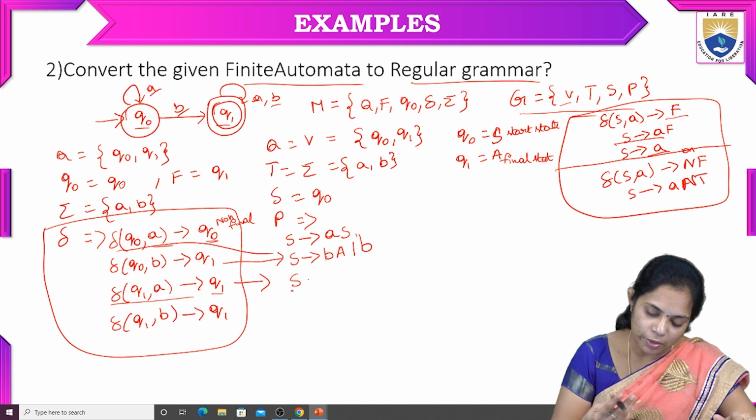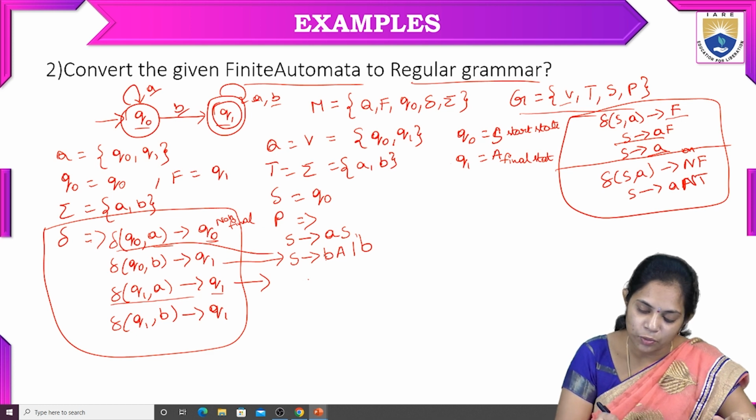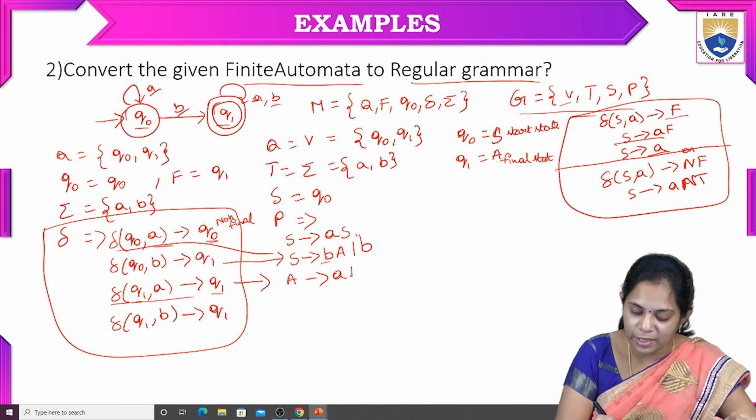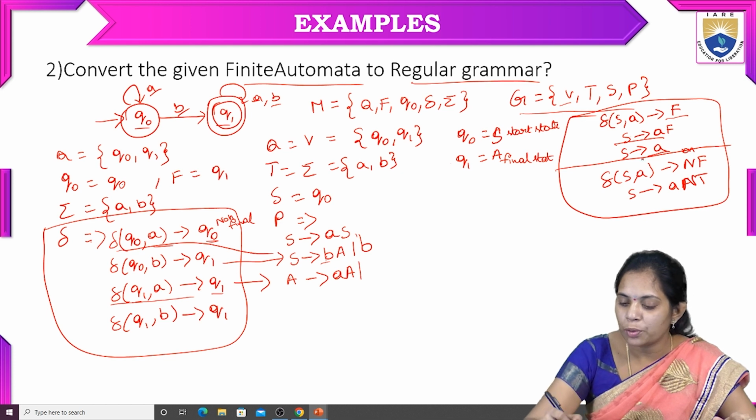So here we give two inputs for this S state, the starting state: a is over and b is over, and the next state we have to take is A. Let us assume Q1 as A, and A tends to, when we are giving a as an input, it is reaching the final state, so we apply the two production rules.